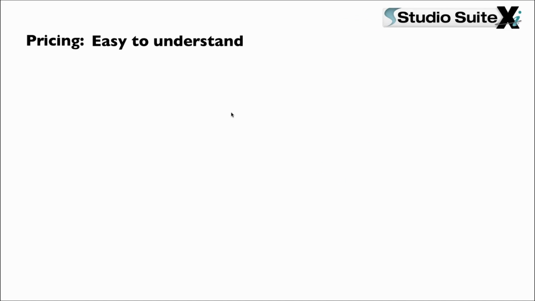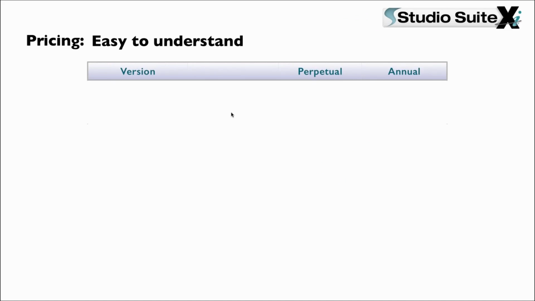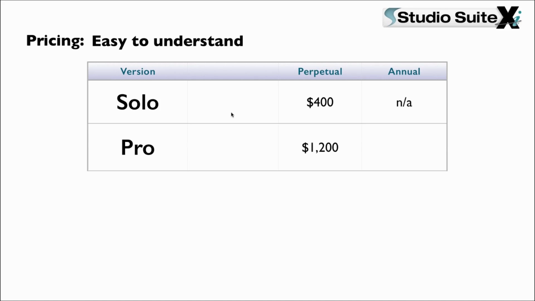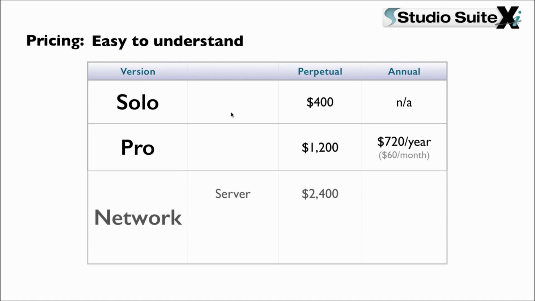So if we get to the numbers, we've tried to make this fairly easy to understand. By version, StuSuite Solo is our student and hobbyist version. It's $400 perpetual. There is no annual version of that. The Pro is $1,200, and if you want to do that annually, it's $720 a year, or it breaks down to $60 a month.